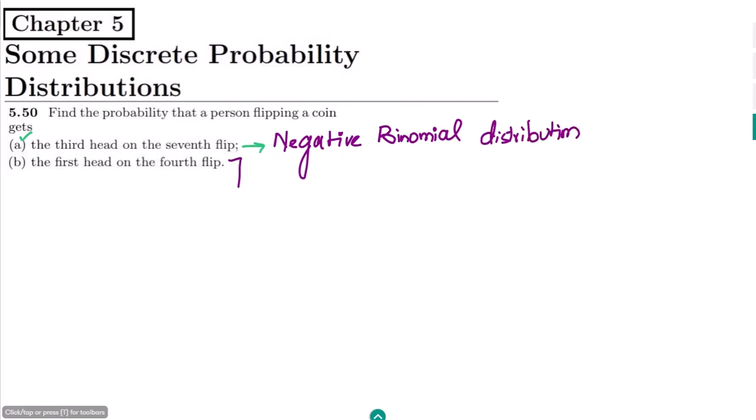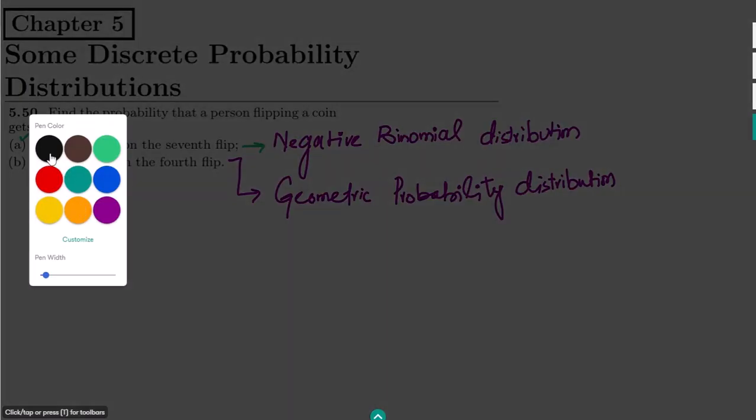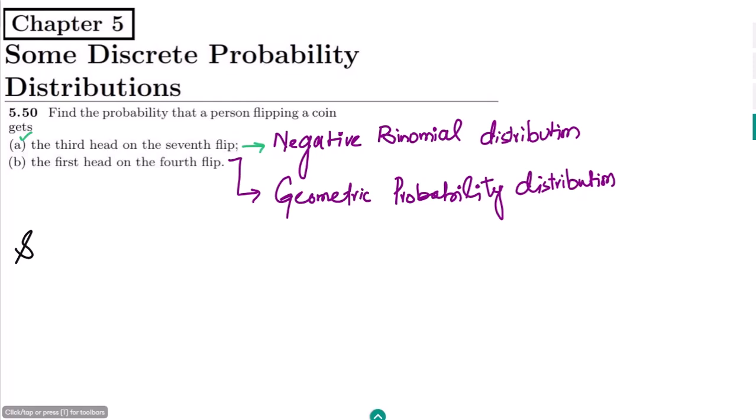While part B of this question is related to the geometric distribution or geometric probability distribution. Okay, so let us solve them. So first of all, let me solve part A of my question.